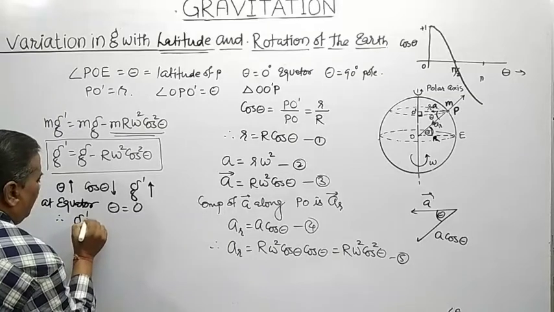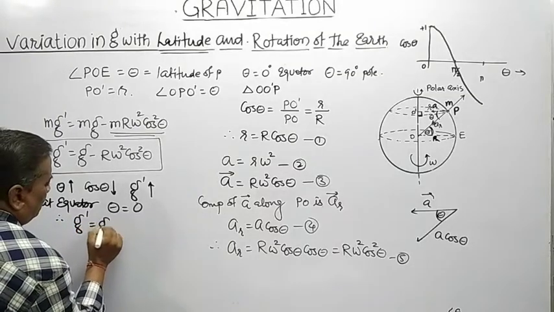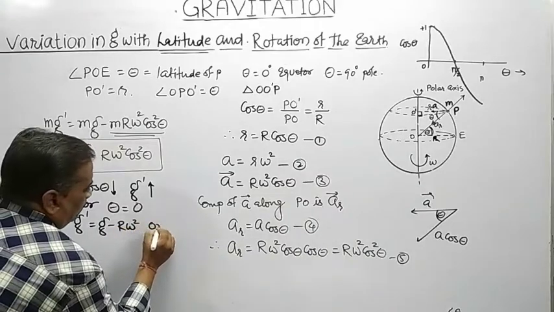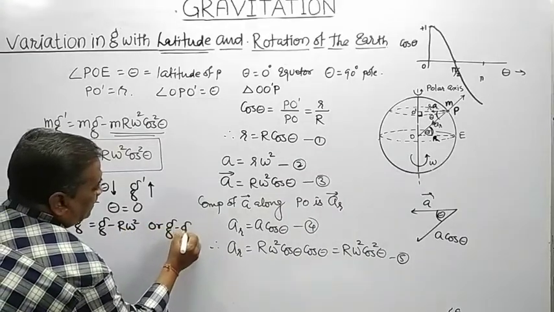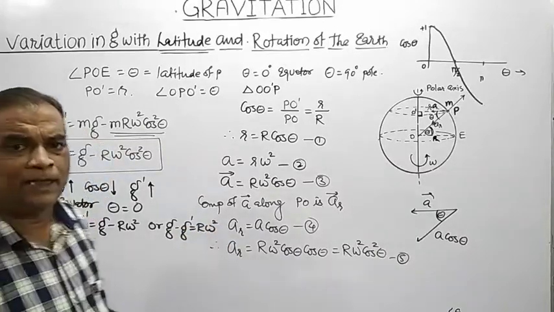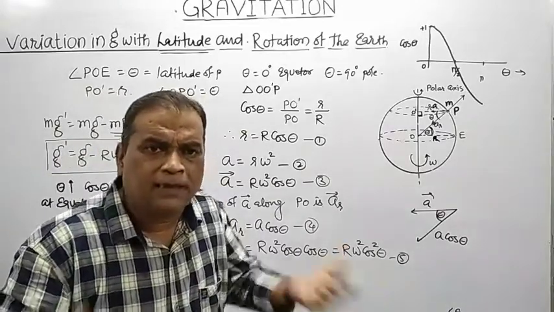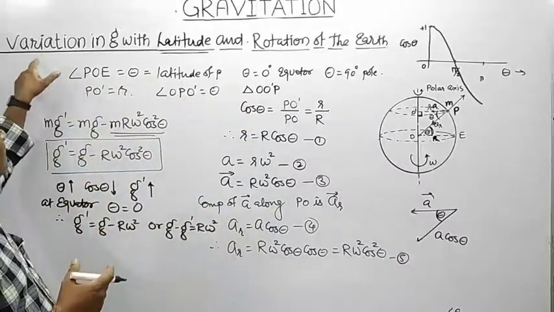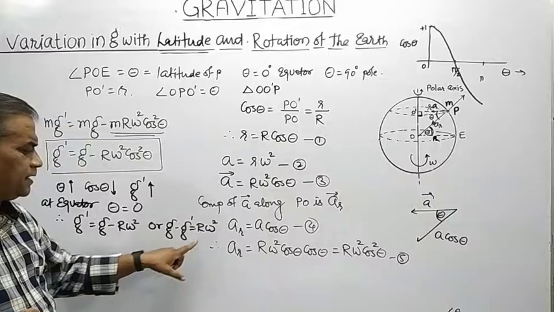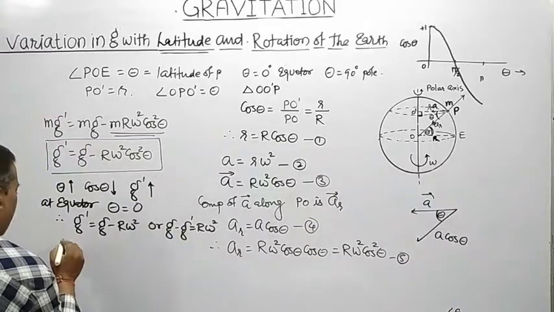Therefore, g dash is equal to g minus r omega square, or g minus g dash is equal to r omega square. G minus g dash is the change or variation in g with latitude.